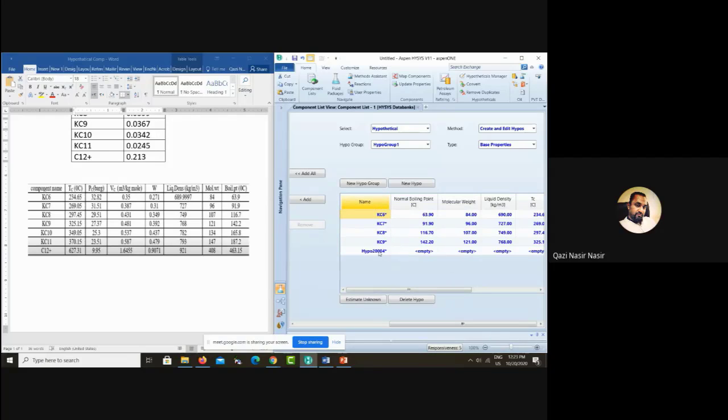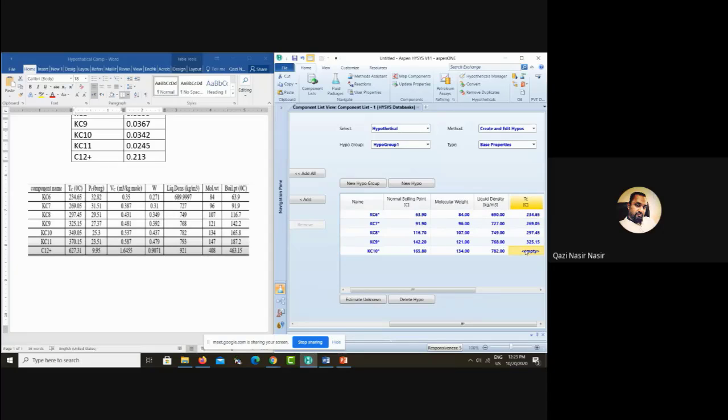Okay, another one, KC10. The boiling point for KC10 is 165.8. Molecular weight is 134. Liquid density is 782.